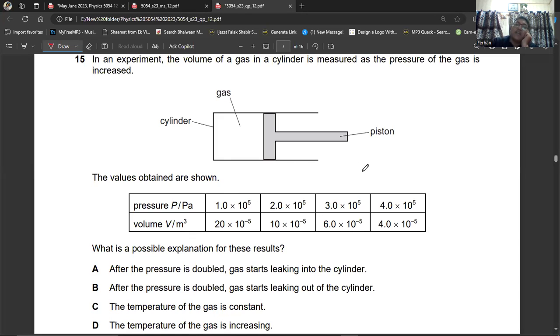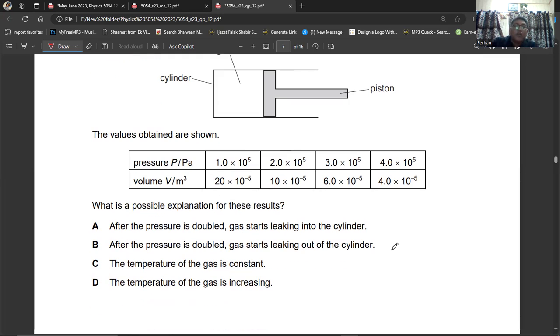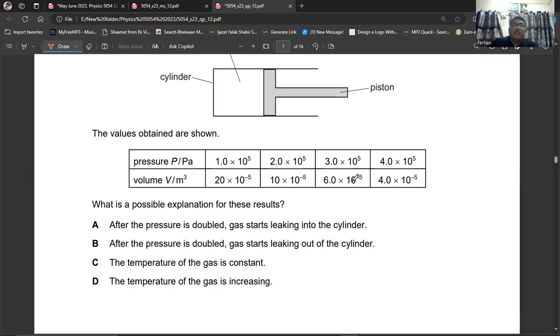When you have made the pressure 4 times, the volume has not become 1/4. You see, when I take 1/4 of 20 times 10^-5, it should be 5 times 10^-5. It is only 4 times 10^-5. So these two are different values. They are not according to the pattern. So what is the possible explanation for these results?